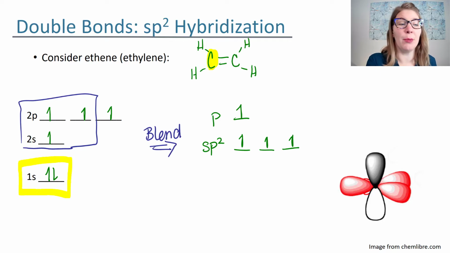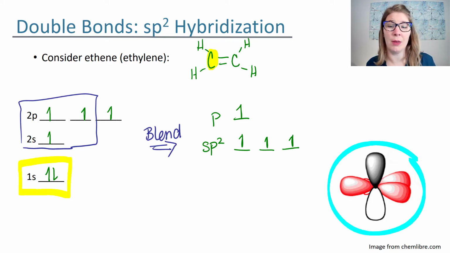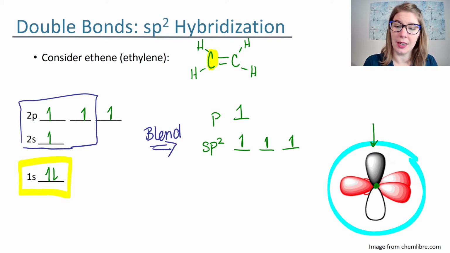Let's look and bring our attention down to the bottom right-hand corner where this diagram is. This is showing our sp2 hybridization where carbon is in the middle here, right? That's the nucleus of carbon. We have an unhybridized p orbital right here.